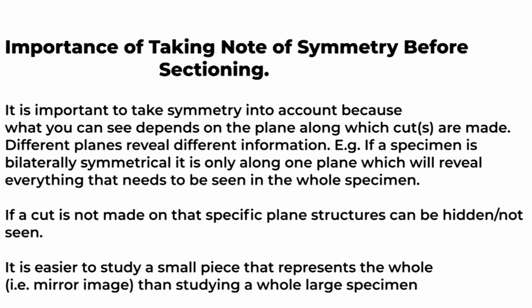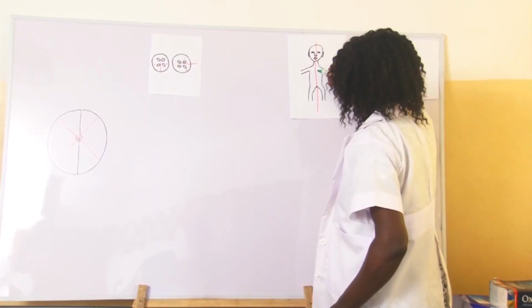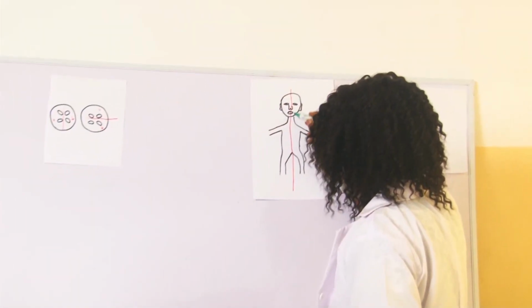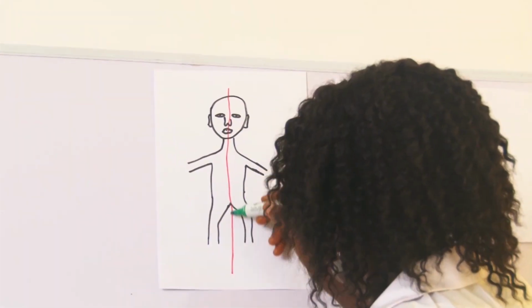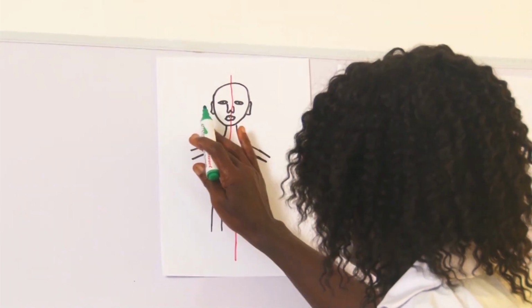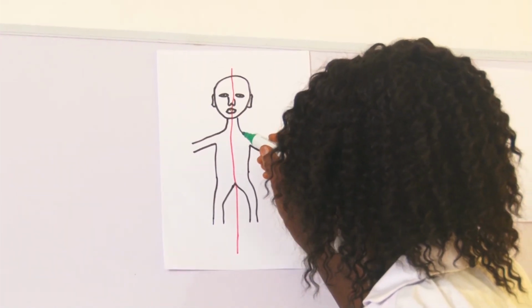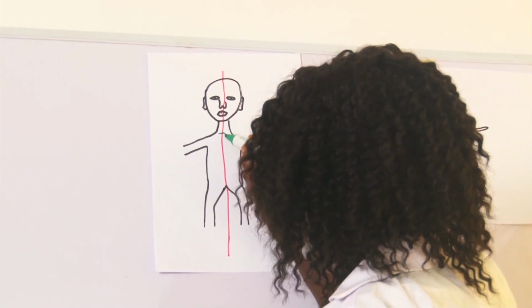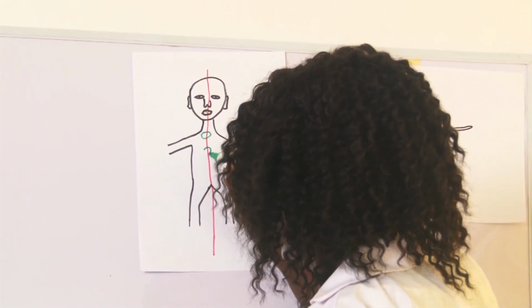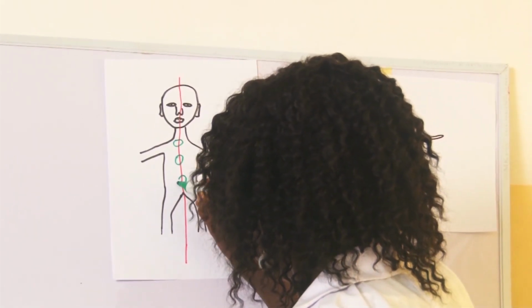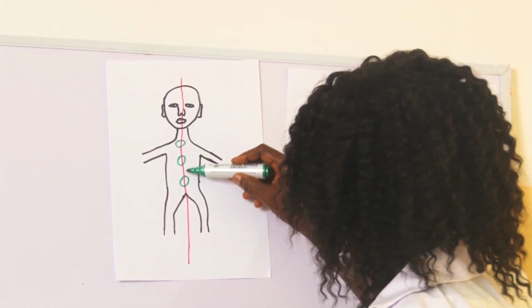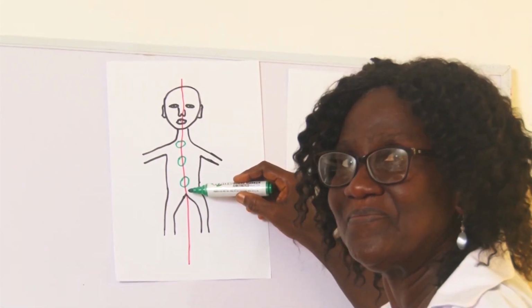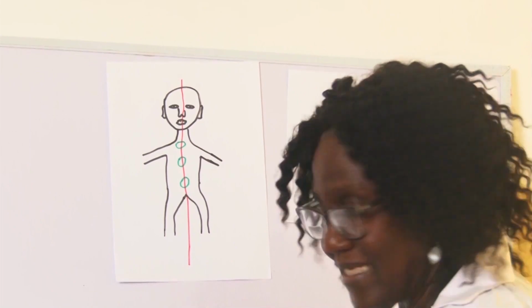Different planes will reveal different things. For instance, if this man is cut along this plane where it's bilaterally symmetrical, we should be able to see organs that are along the plane.